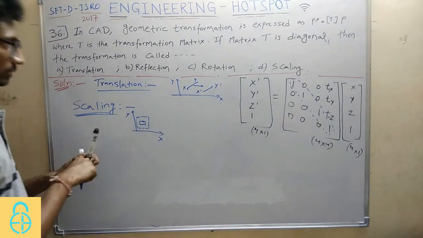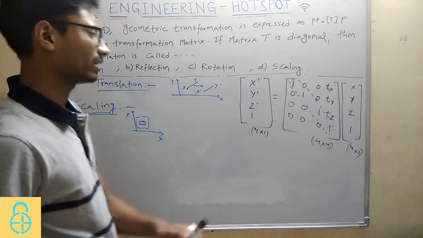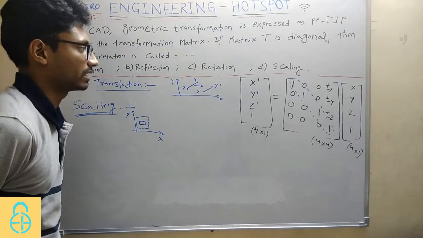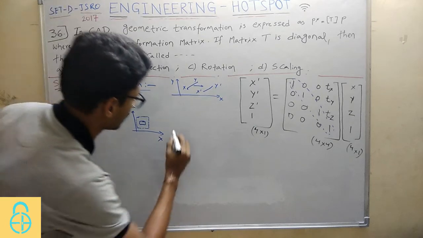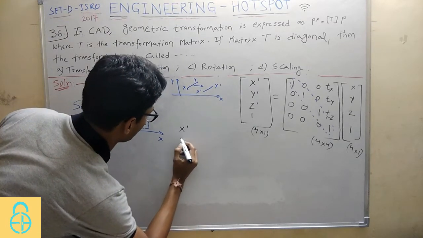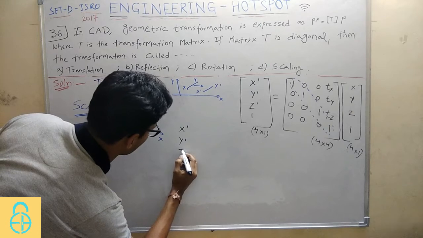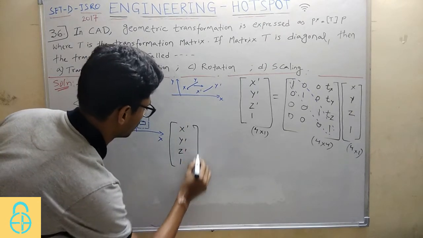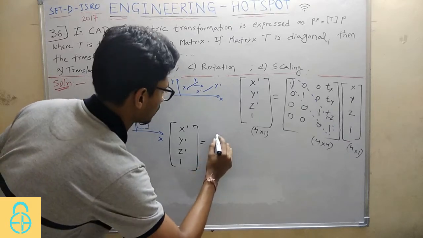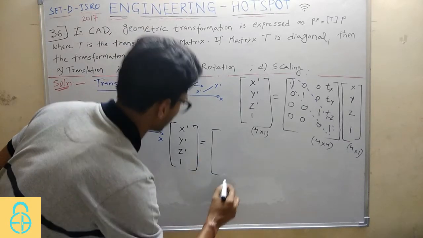So if you want to represent that in matrix form, it can be represented as x dash, y dash, z dash, 1 equals, I am taking 3D transformation only.